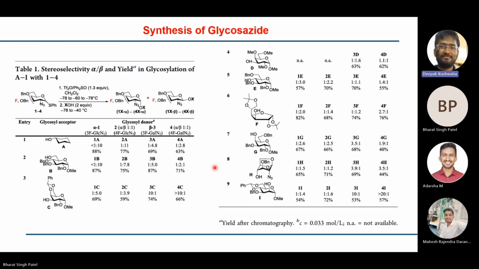Here, when you are explaining the 5 and 6 acceptors, when it changes from the equatorial to the axial hydroxy acceptor, the selectivity gets a little bit reduced in 4E and 4F.